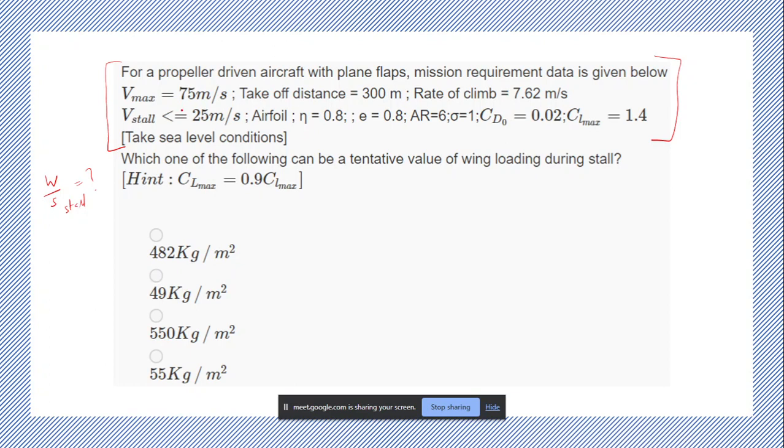The stalling velocity is given to you. That is a hint. This is fairly simple, right? How do we begin? Exactly. So we write down the Vstall formula.